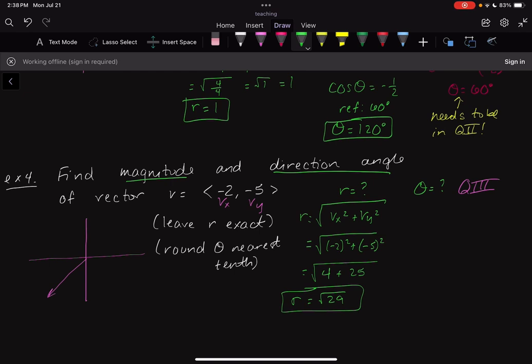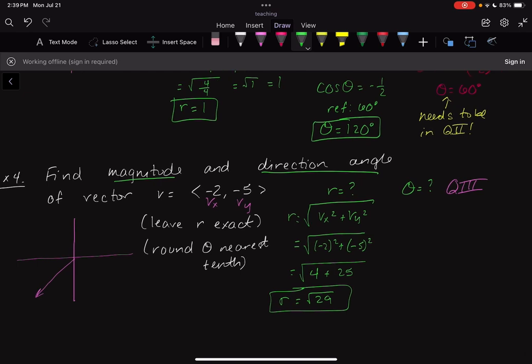Now, because I've done a lot of these, I do know which one is easiest to use. And in my opinion, that's going to be tangent. I'll kind of show you why as well.